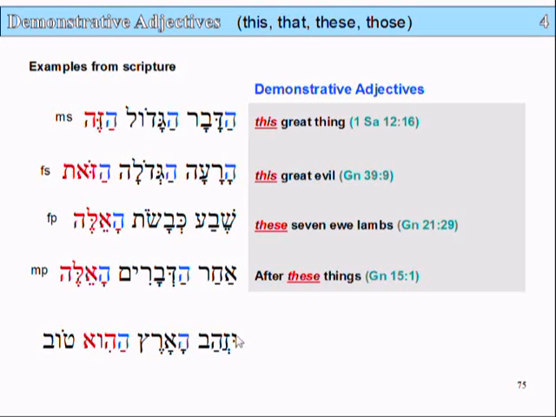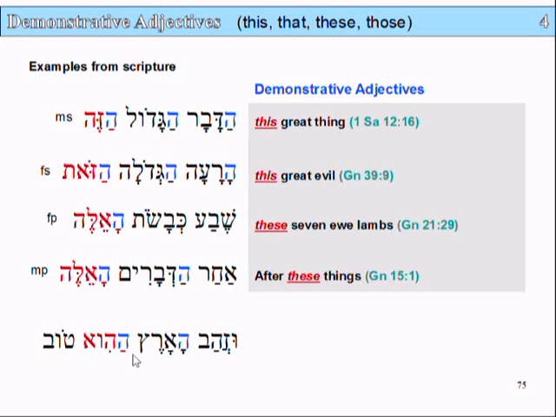But it still means the same as a vav that didn't have a dot in it, but its sound is a u sound because it's in front of a consonant with a shva on it. Uzahav, and the gold of the land, hahi, is good.